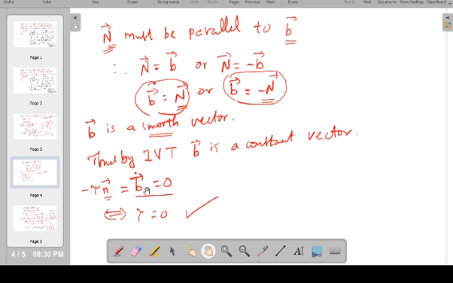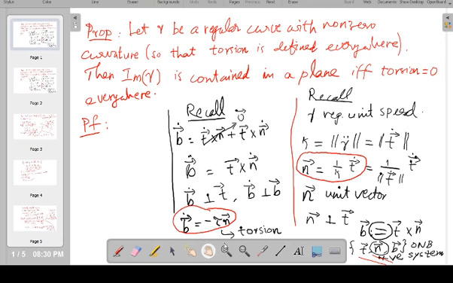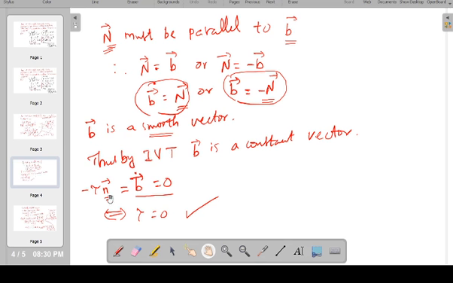B is a constant vector means b dot equal to 0. But what is b dot? It is minus tau n. So minus tau n is equal to 0. But n is a unit vector. So this expression will tell you that tau must be equal to 0.